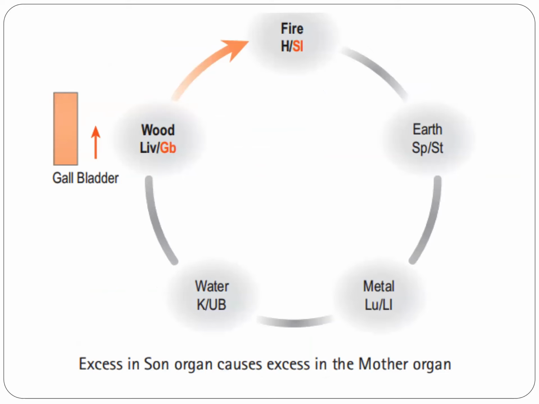The excess in a son organ causes excess in the mother organ. So in our diagram, the son is wood, and the mother of wood is fire. When the son becomes excess, the mother organ is also affected.